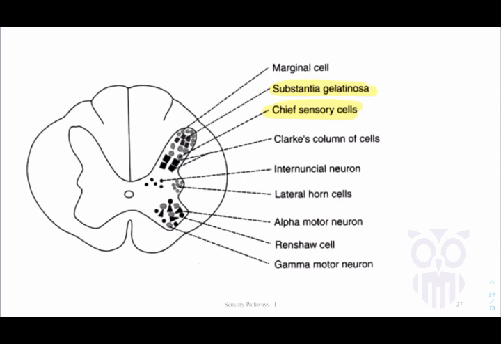For the anterior spinothalamic tract the second order neuron is the chief sensory cells, and for the lateral spinothalamic tract, yes, you have the substantia gelatinosa.